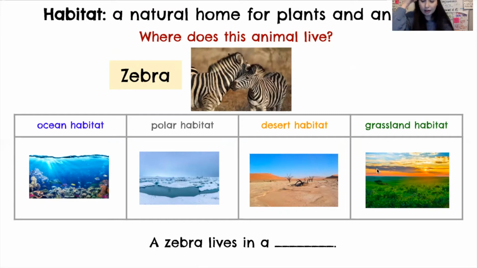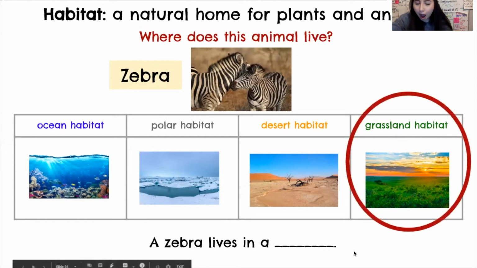Take a second and think. Where does a zebra live? A zebra lives in a, let's take a look. A zebra lives in a grassland habitat. I wonder if we tricked you on that one.